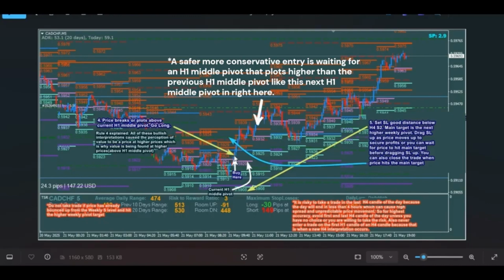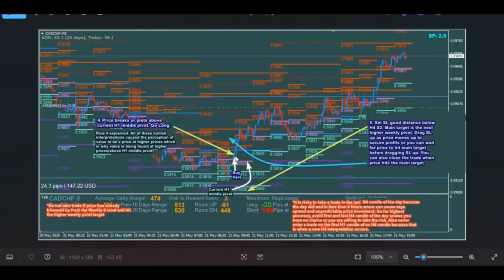And that is key because the market is transacting at higher prices, and what is needed to form a transaction? Value. Value is needed, fair value, a price where both buyers and sellers agree.